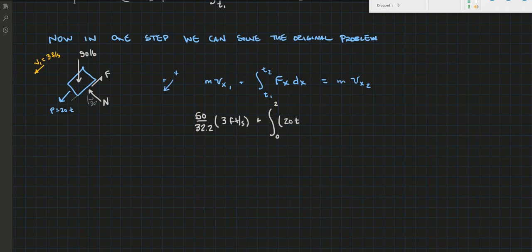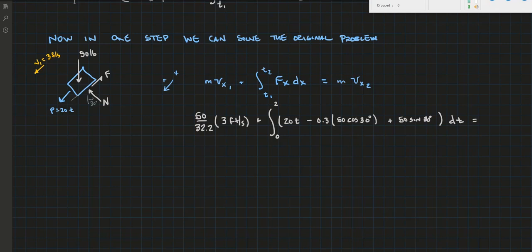First we have P, and then we subtract off our friction force as before, where the normal is 50 times the cosine of 30 degrees. And we add to this our weight component of 50 times the sine of 30 degrees, dt.